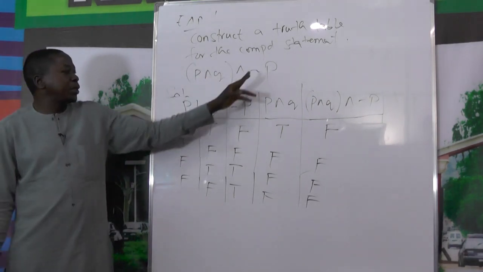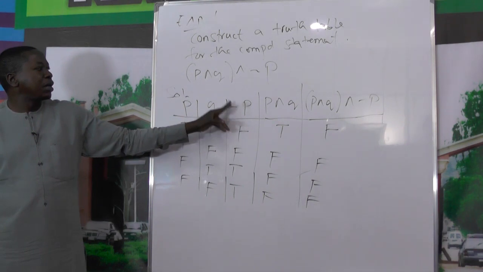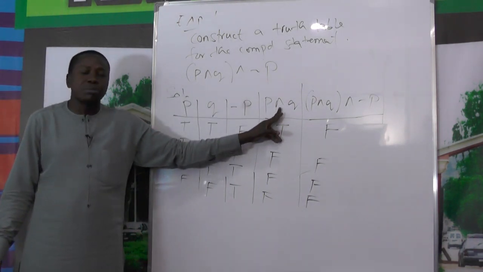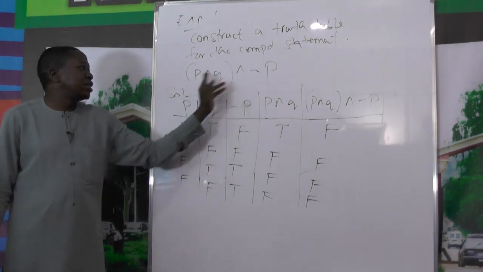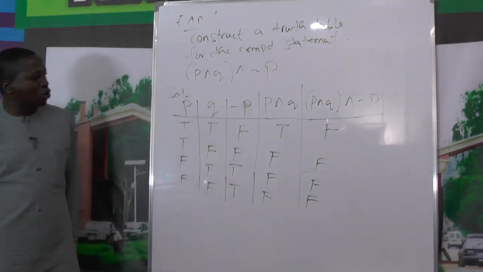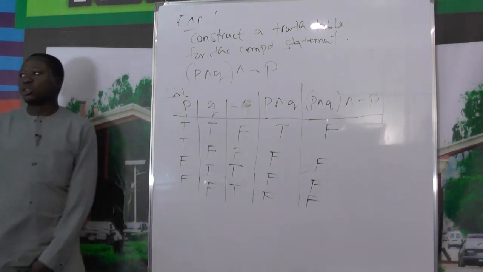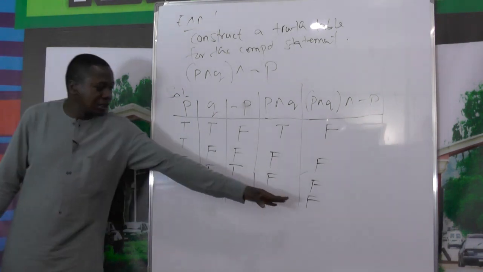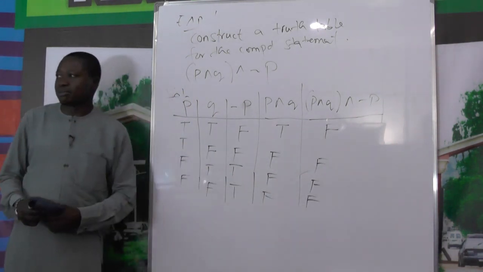I can see minus P, so that's why I give it a column. I can see P and Q, so that's why I give it also a column. And I can see the rest, so that's why I write it in the last column. So now I apply the rules of this, so that we get this one as our answer.